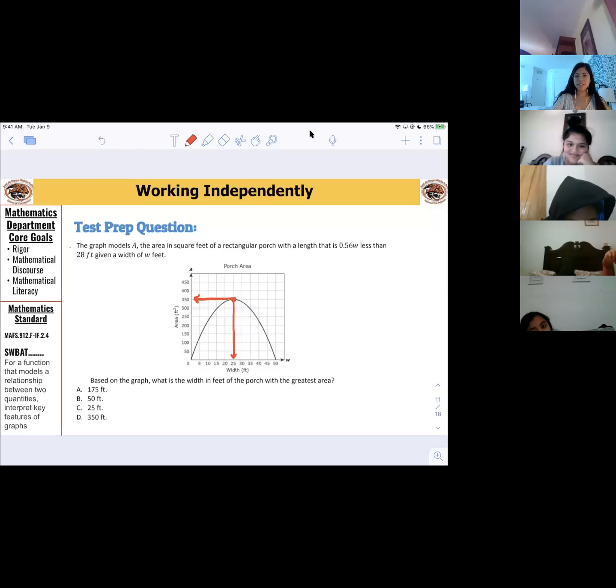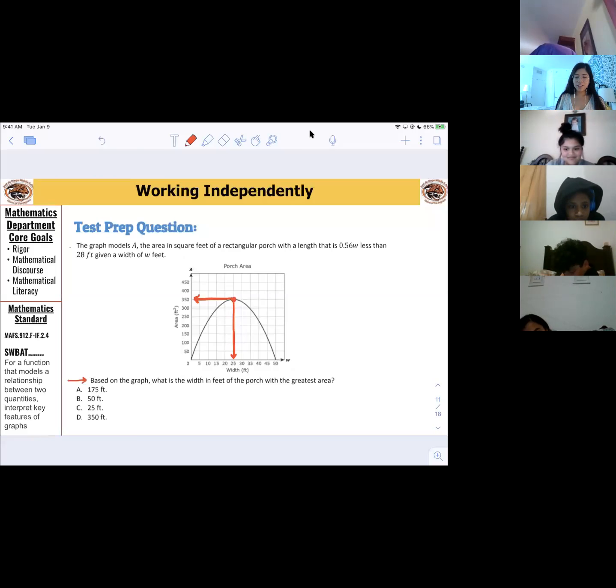The graph models the area in square feet of a rectangular porch with a length that is 0.56 W less than 28 feet, given a width of W feet. Okay, and then read the actual question. Based on the graph, what is the width in feet of the porch? What is the greatest area?